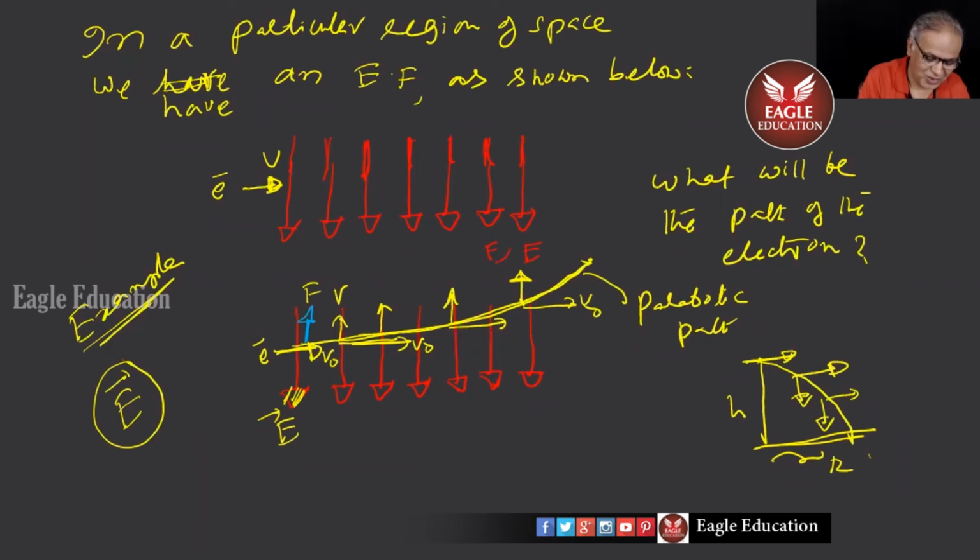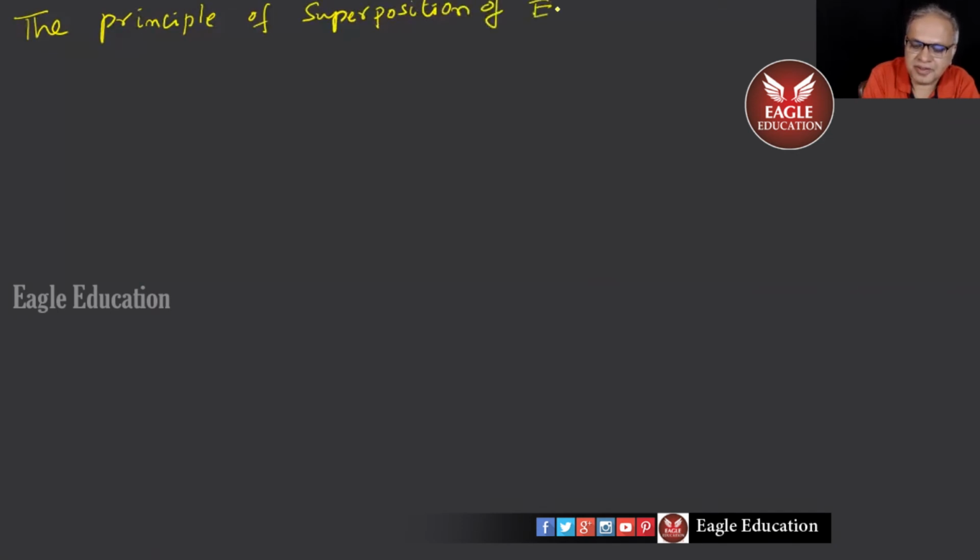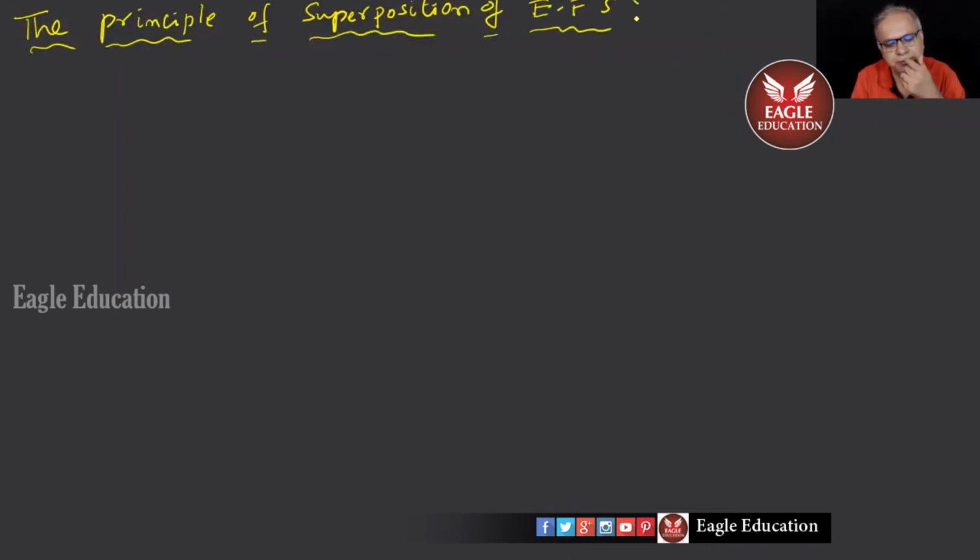Right. Now I'll go for the next slide. Look, the next idea is the principle of superposition of fields. The principle of superposition of electric fields. EFS means electric fields, in full.